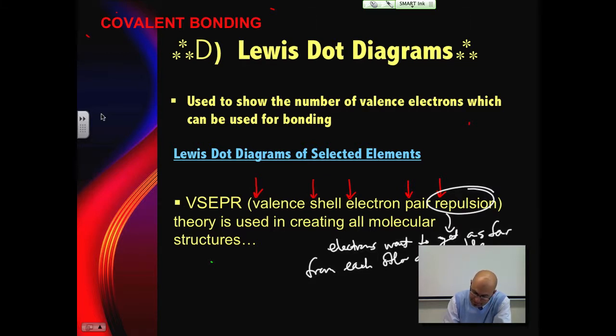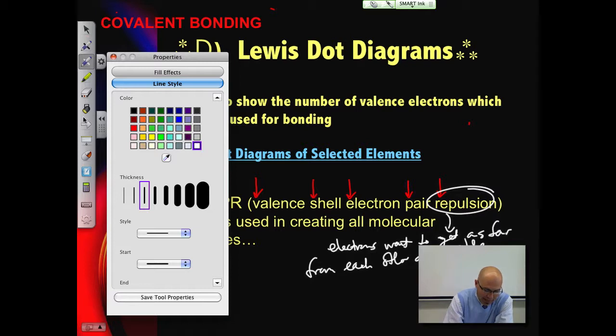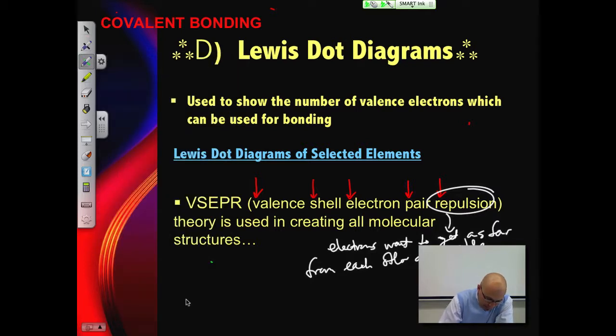Okay, and it makes sense. They're all negatively charged, therefore they certainly want to get away from each other. So this VSEPR theory does that. Let me just quickly show you another example, or kind of how that works. These chlorines, if I have 2 chlorine atoms, 1, 2, 3, 4, 5, 6, 7, they both have 7 valence electrons.